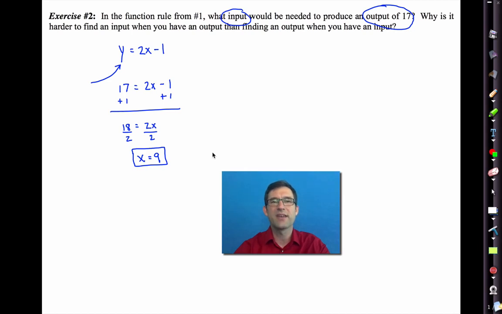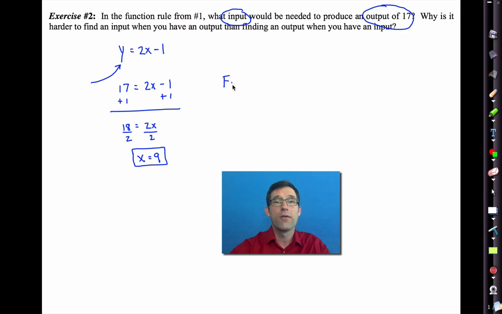Well, I'll write this down in a second, but it basically boils down to the following. Function rules tell us how to convert an input into an output. They do not tell us how to go in reverse. They do not tell us how to find an input if we're given an output.